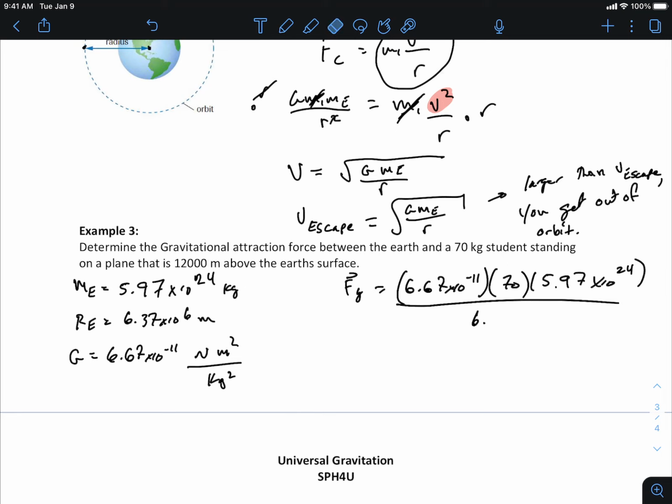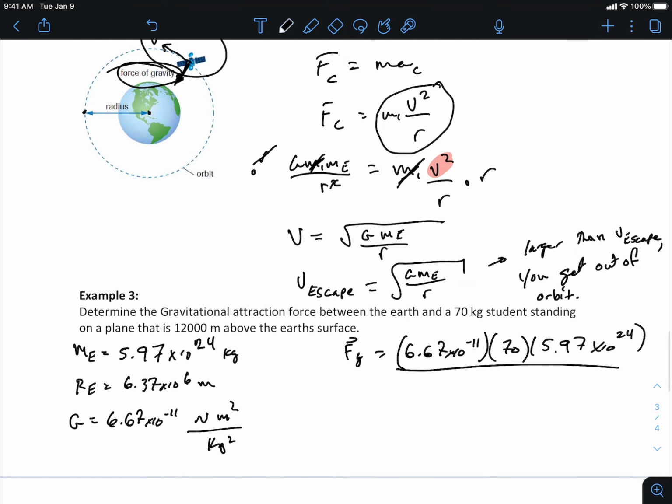So whenever you're given a radius like this, the radius has to be wherever you are in the air plus the radius of the Earth. So we have the radius of the Earth, that's this number, but then the student is an additional 12,000 meters above the Earth's surface.